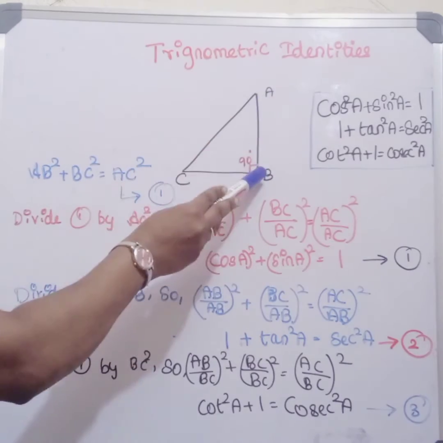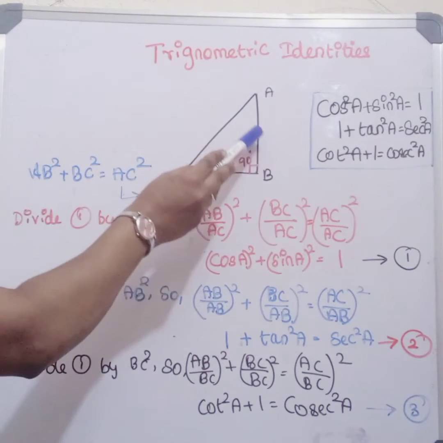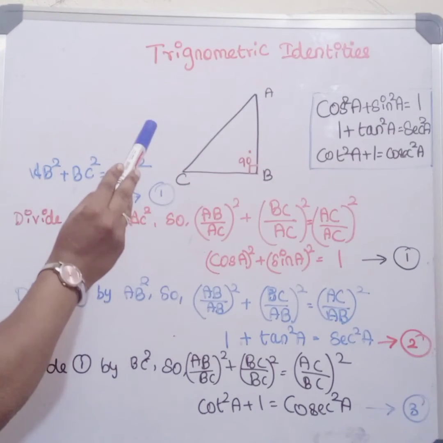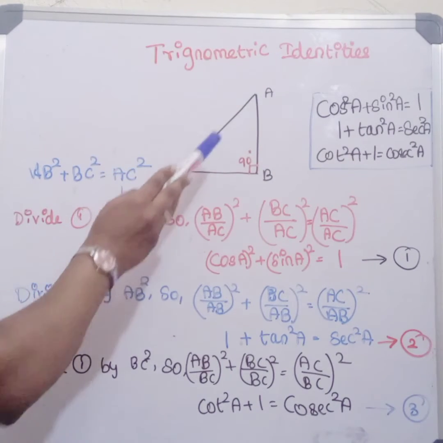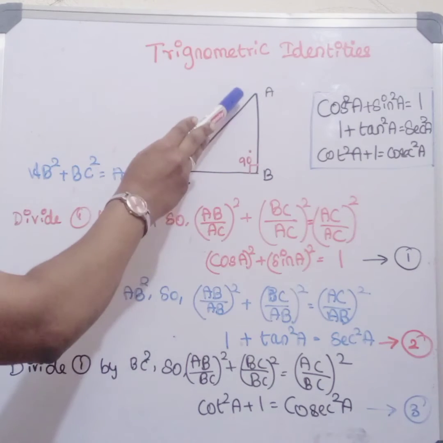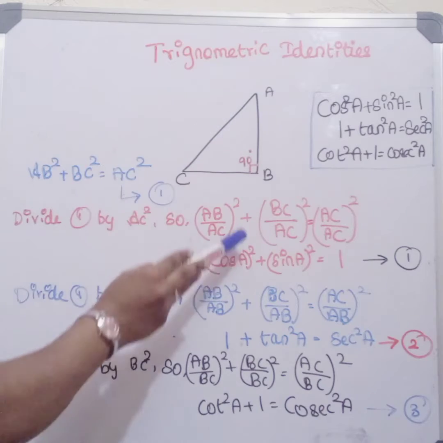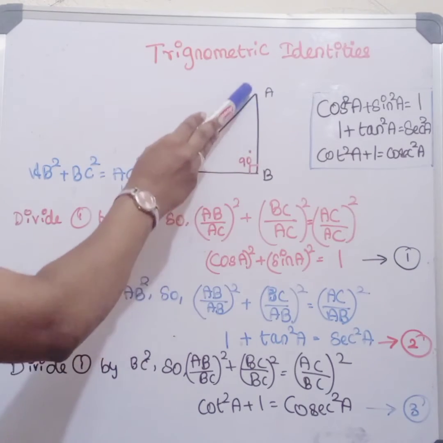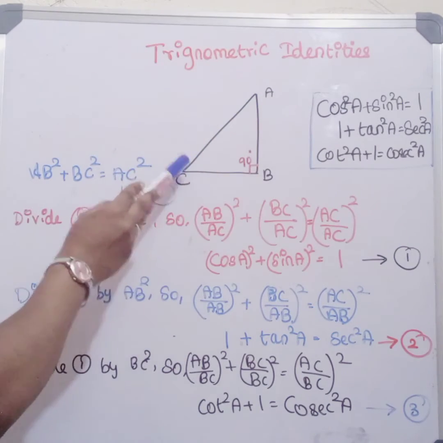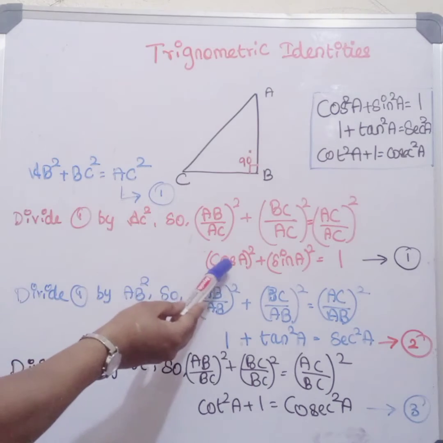See here, this is AB by AC, that is opposite side by hypotenuse. Yeah, from angle A, we can say that it is adjacent side by hypotenuse. Adjacent by hypotenuse, we know that is cos.